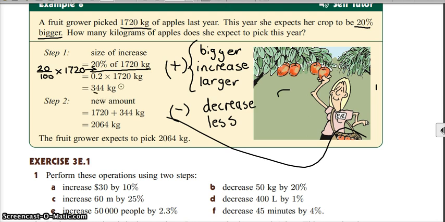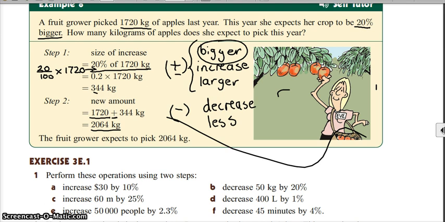That gives you 344 kilograms, 344 more than last year. So if 1720 was last year, she's expecting to get it bigger, therefore add 344 to this year's crop, so 2,064 kilograms this year.